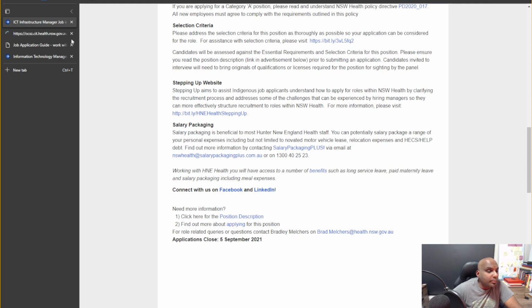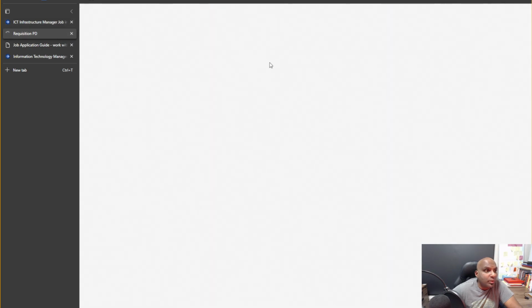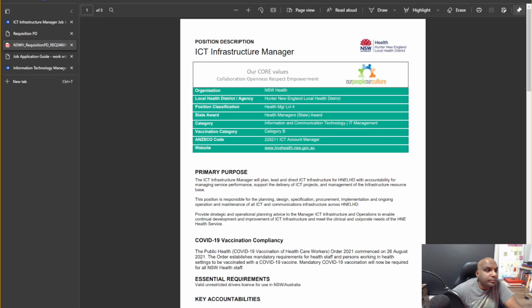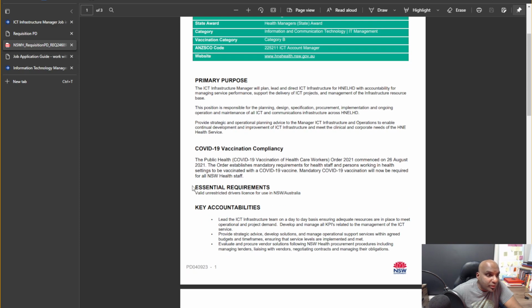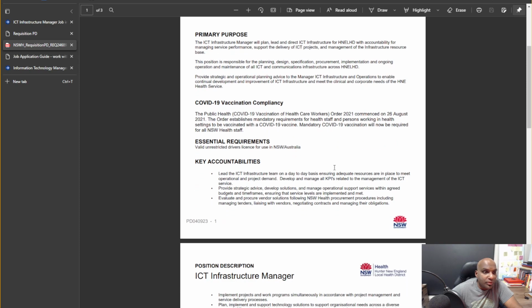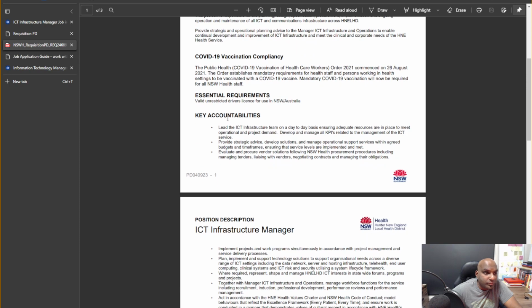Let's open that up. That'll give us a little bit more depth. Open, there we go. So it has health level 4. Okay, so they've given a code for that. So they've added those sort of things. Key accountability.